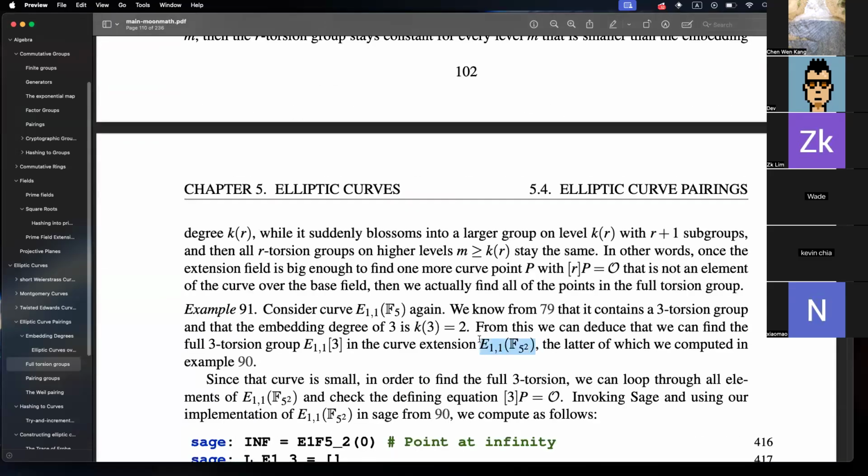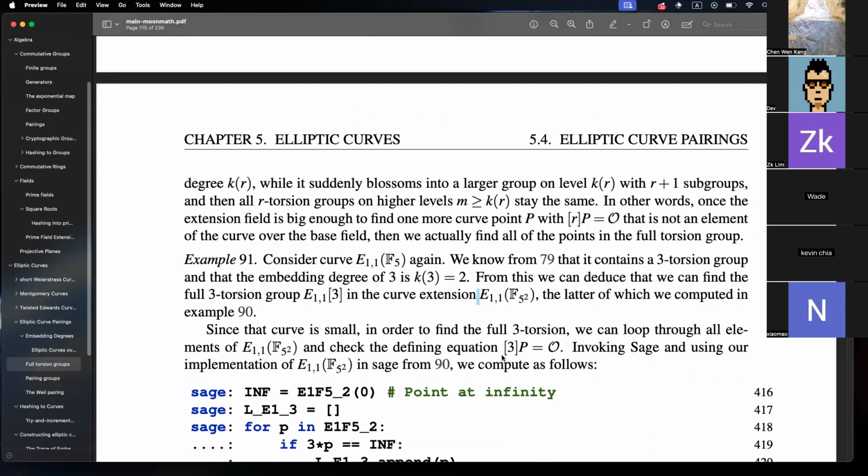If you calculate the R torsion on this, it will give you all the points possible, in this case, for any other extension, to be fair.